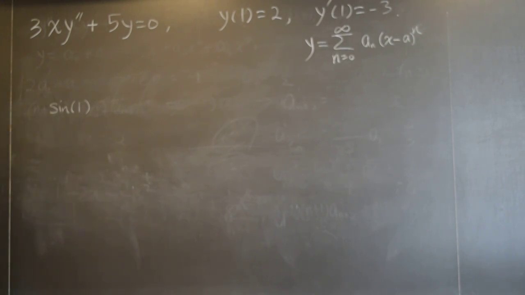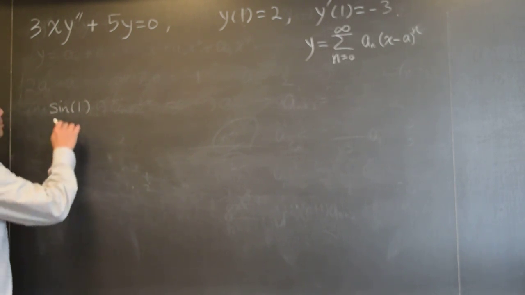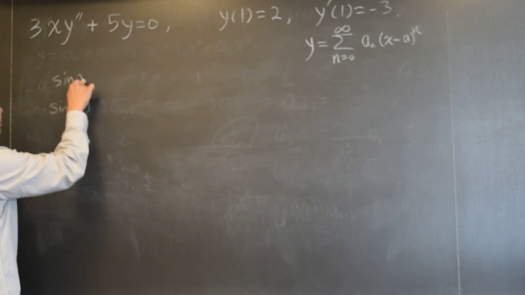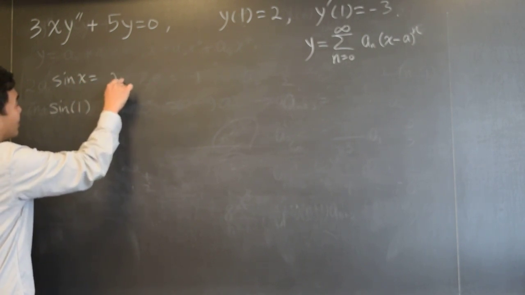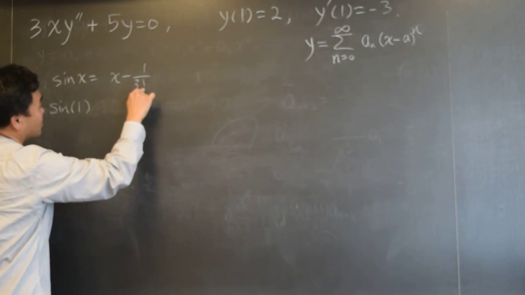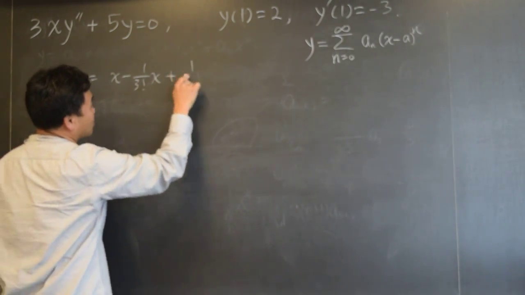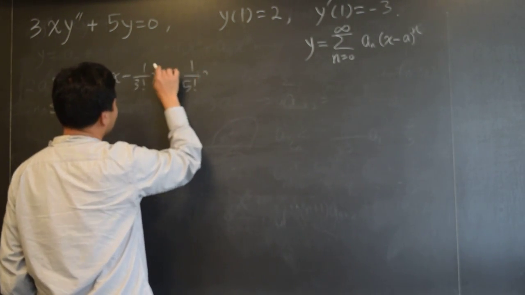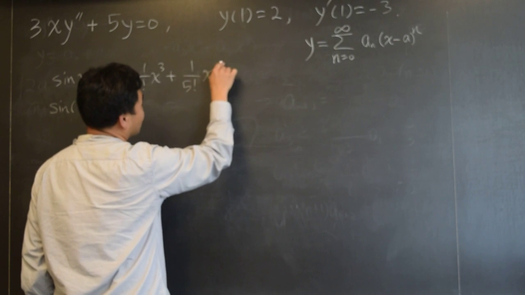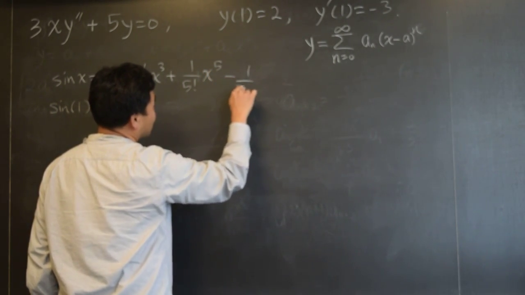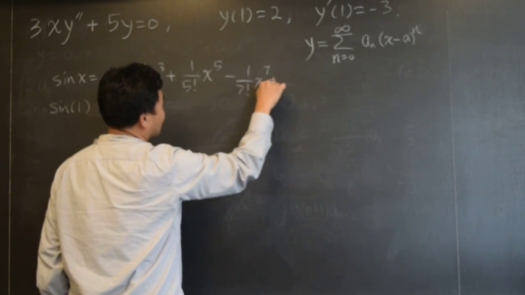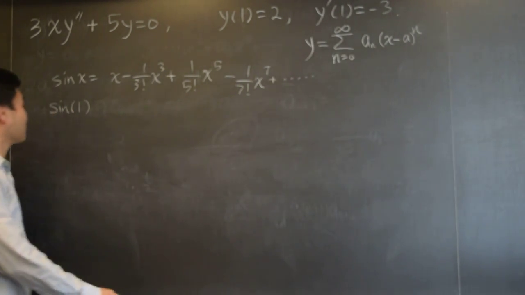What would you do? Well, if you are a mathematician like me, I would first think about sine of x's Taylor series. x minus 1 over 3 factorial x cubed, plus 1 over 5 factorial x to the 5th, minus 1 over 7 factorial x to the 7th, and so on and so on.